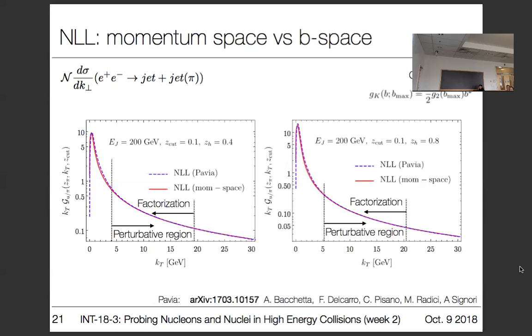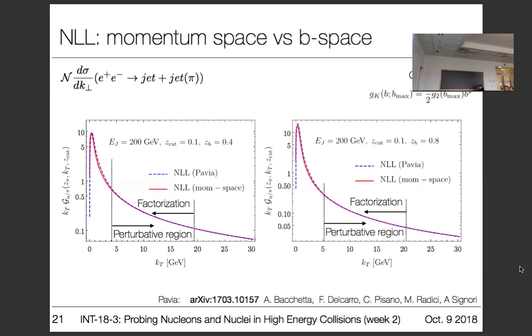And first, I wanted to compare the momentum space with the impact parameter space. I claimed that I can do the resummation in momentum space. So if I can do that, then I should be able to compare it with the impact parameter space. And for regions where the model dependence comes in, then there is some difference.